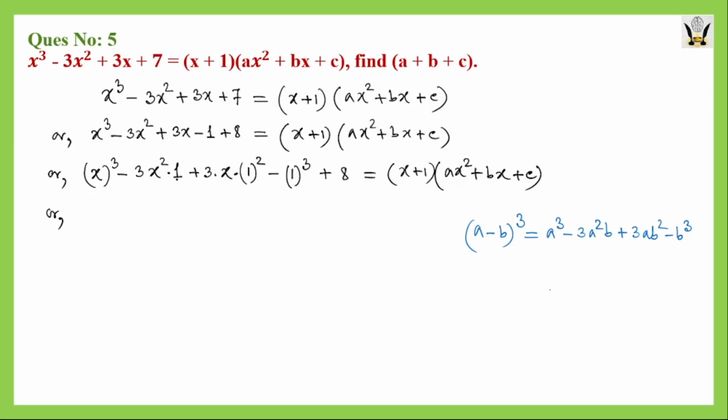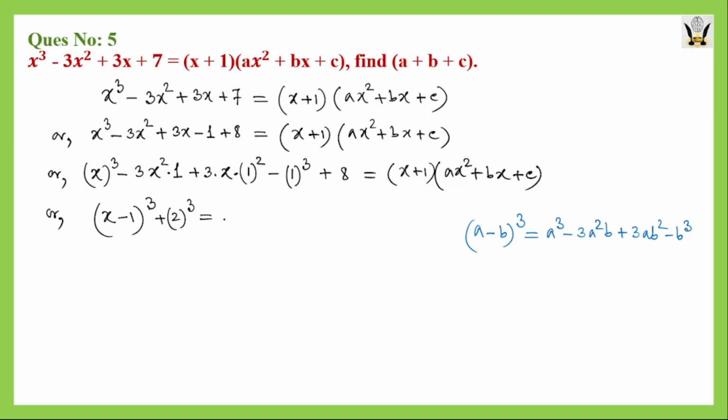So here 1 is mapped with b, so it is 3a square b in that format, then plus 3x, in place of x we can imagine a, so 3ab square, because here b is 1, minus b cube. So the first 4 terms can be further written as a minus b whole cube in that format. So it will be x minus 1 whole cube, and then 8 can be written as 2 cube, right?